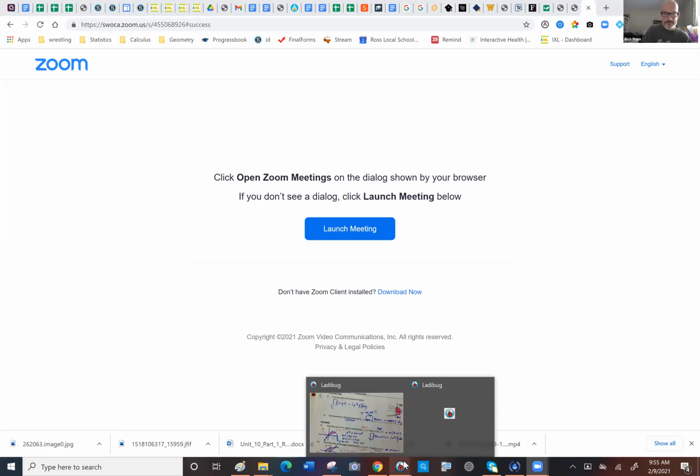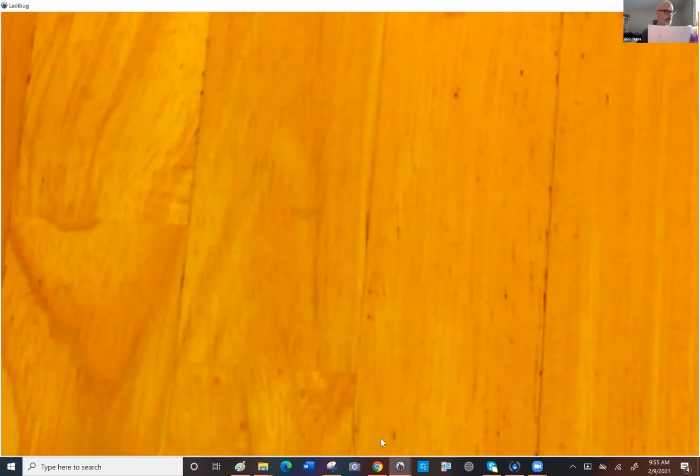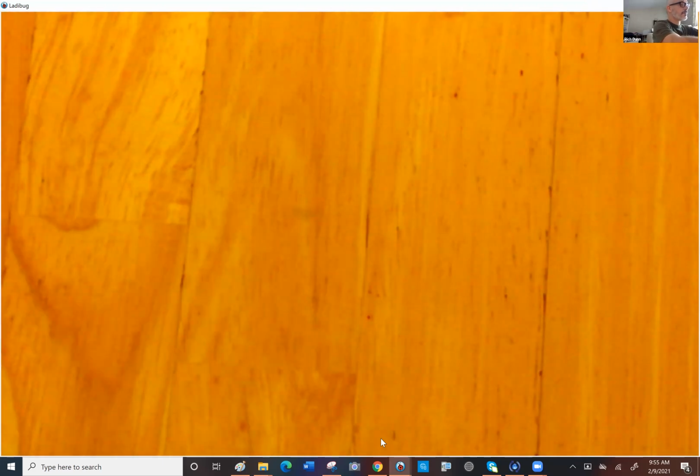Let's take a look at these notes for today and see how well we can do with these. So let's start out here with a set of inverse functions.